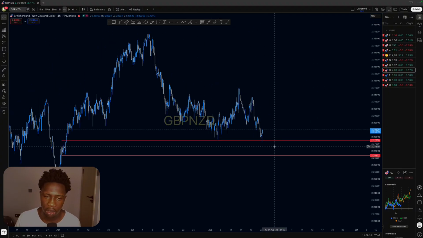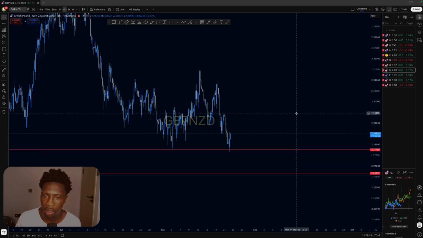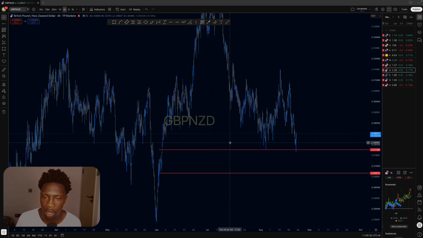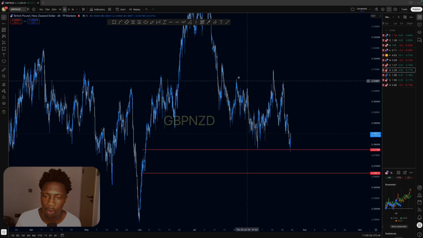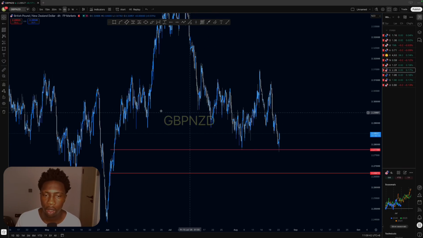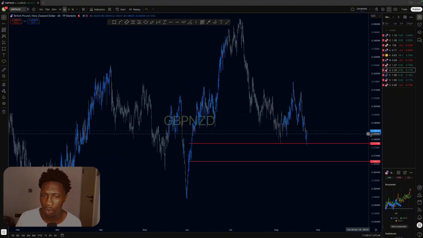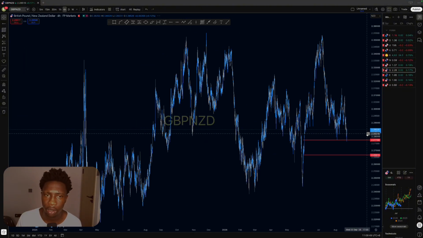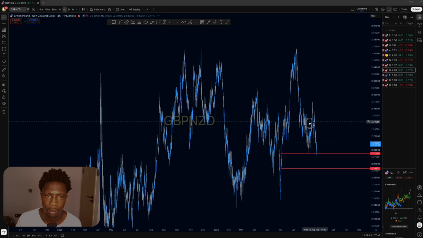And also, I was thinking that the market was consolidating here, trying to go to the upside because of this order block. So I think the market is going to go to the upper side to reach this high.